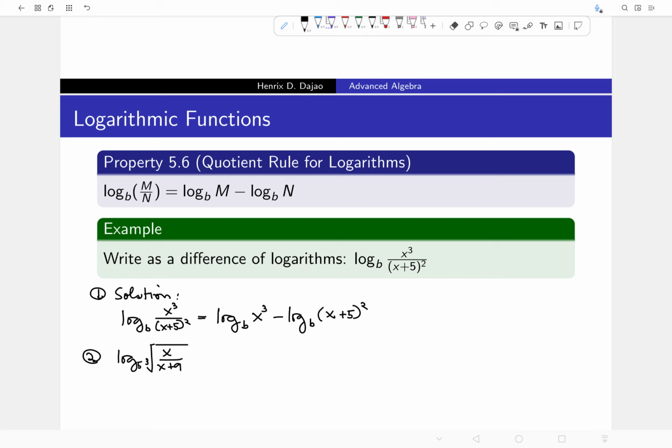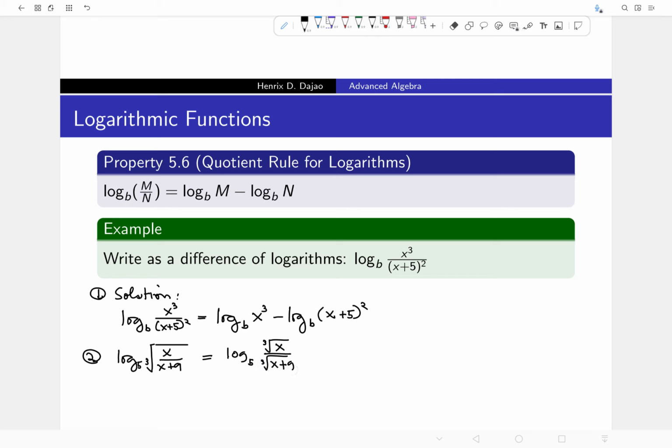To do that, of course, make sure first that the expression here looks like this, but it's not. So you have to rewrite this one as an expression having this form. We will apply some properties for radicals. So this becomes log with base 5 of the cube root of x over the cube root of x plus 9.